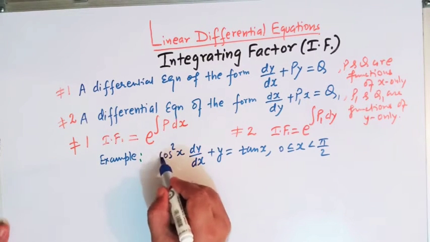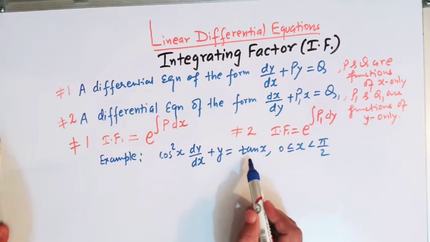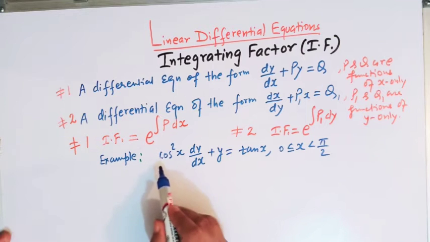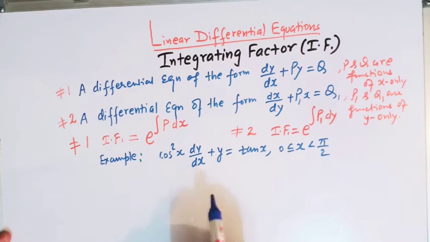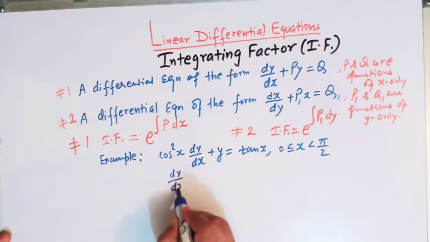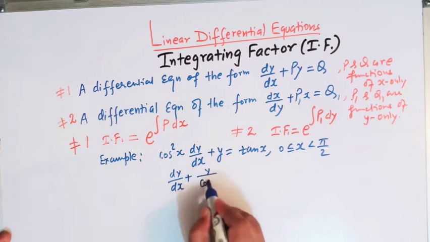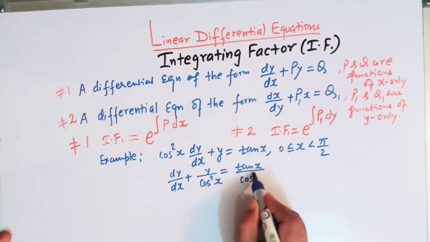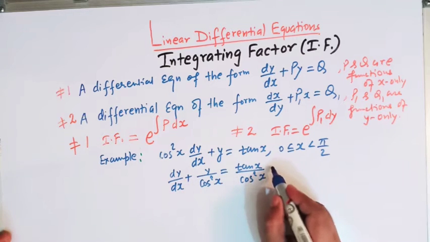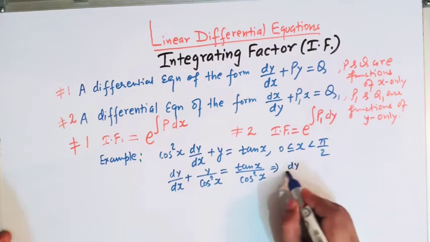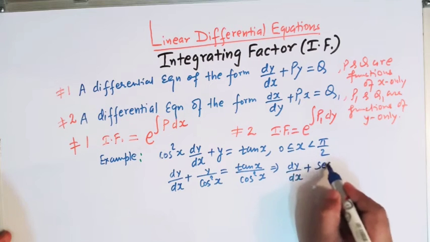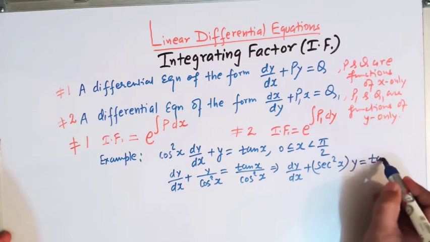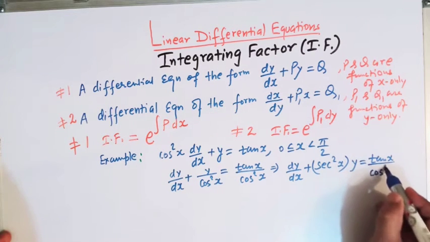Now let us take this problem. Here we have this linear differential equation, and let us divide both sides of this equation by cos square x. So we get dy/dx + y divided by cos square x, and here we have tan x divided by cos square x. Now this can be written as dy/dx + sec square x y = tan x divided by cos square x.